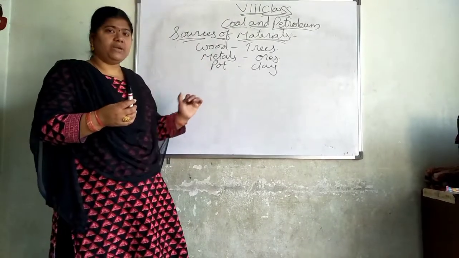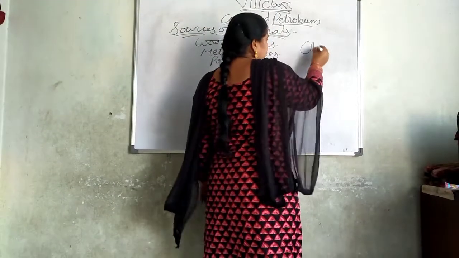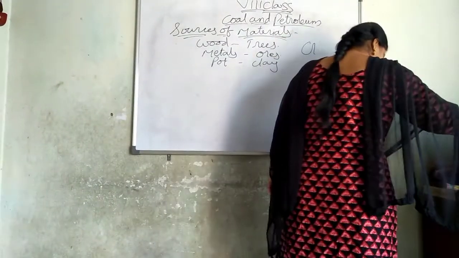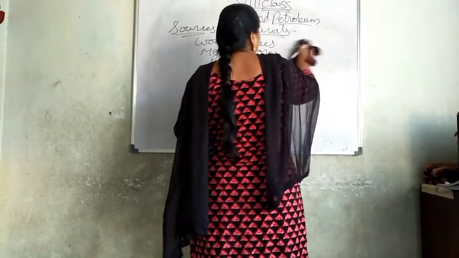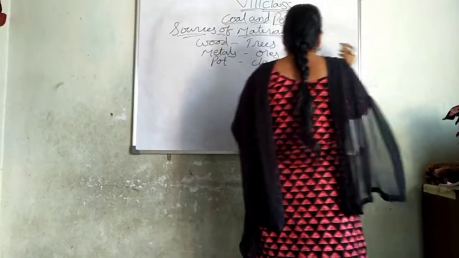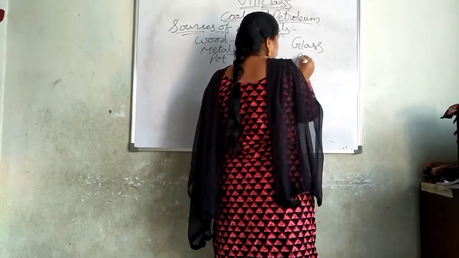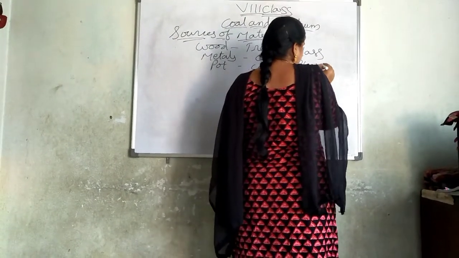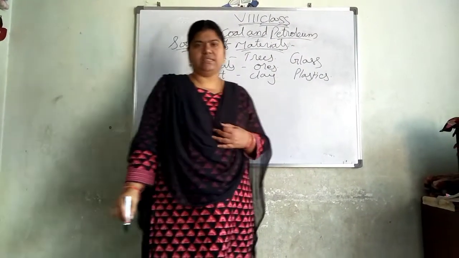So from where are we getting glass? And plastic? We already learned about plastic in the 3rd lesson itself.